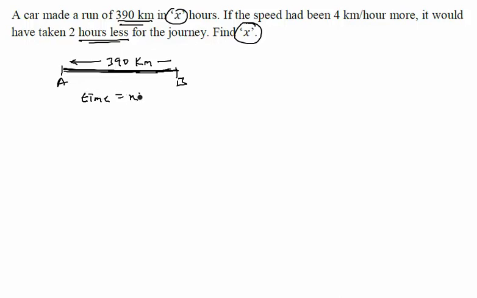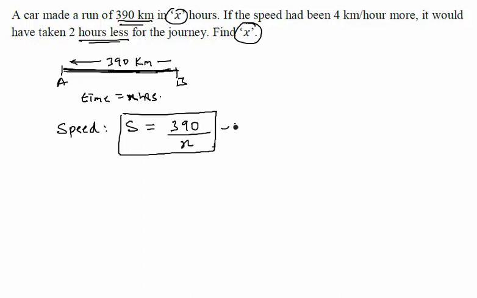Time is equal to X hours, which means that if I have to find the value of speed, let us assume speed is equal to S, so S will be equal to distance upon time, right? So it will become 390 upon X. Let us consider this to be our first important equation, right?